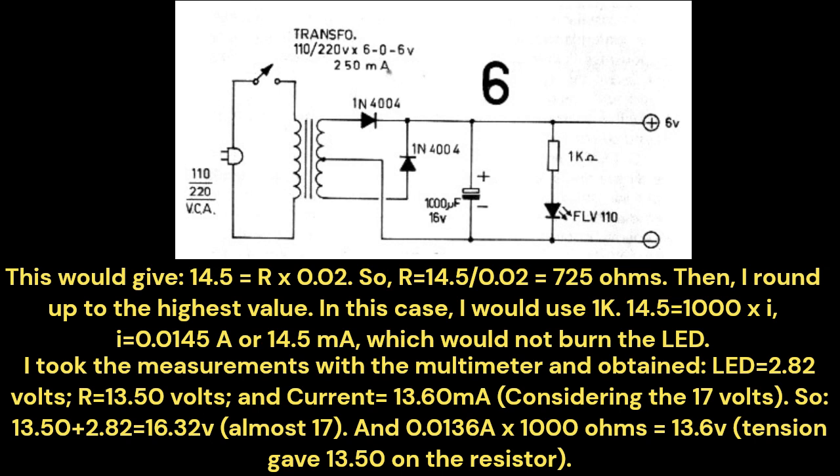So, 13.50 plus 2.82 equals 16.32 V, almost 17. And 0.0136 amperes times 1000 ohms equals 13.6 V. Tension gave 13.50 on the resistor.